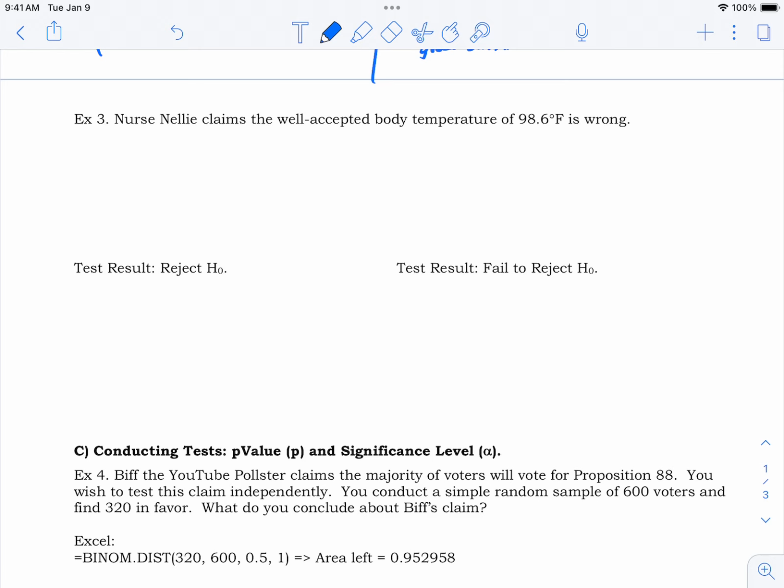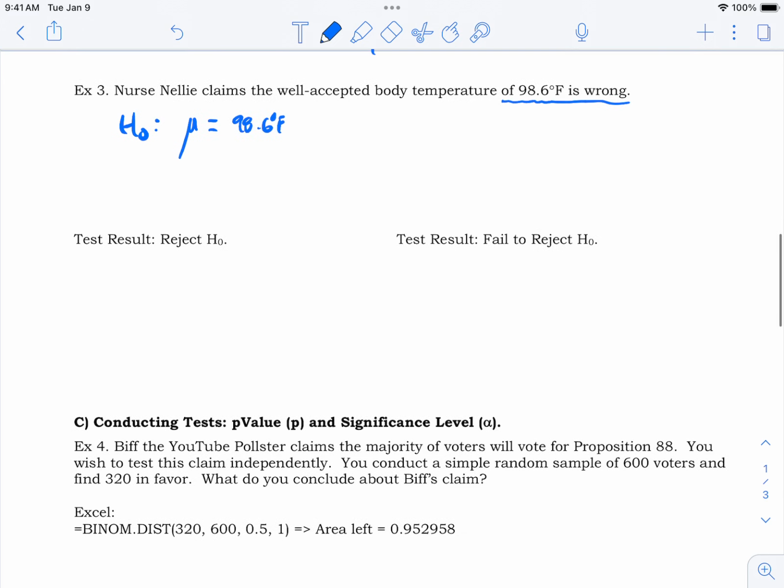So it's something else. 98.6 is wrong. There's no less than, there's no greater than. Therefore, it's a not equal situation that we're looking at here. So the H0 is always the equal, though. So the mean temperature is 98.6 degrees Fahrenheit.